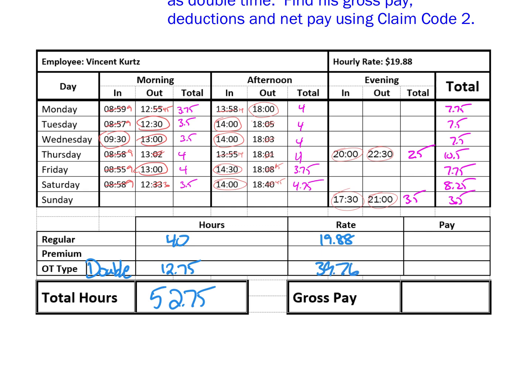And now we'll figure out both of those pays. 40 times $19.88 is $795.20. 12.75 hours times 39.76 is $506.94. Total together, we get $1,302.14. That's Vincent's gross pay.